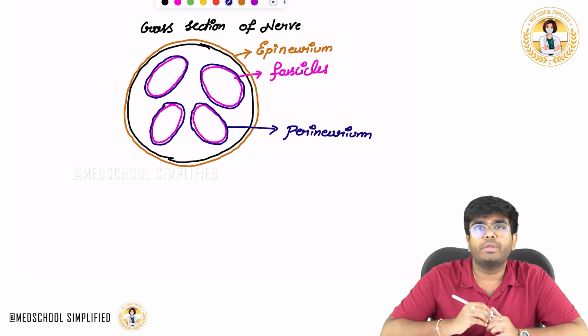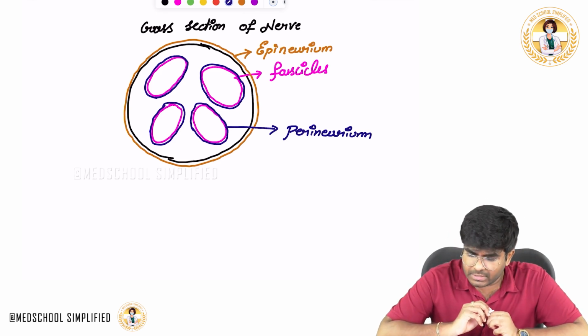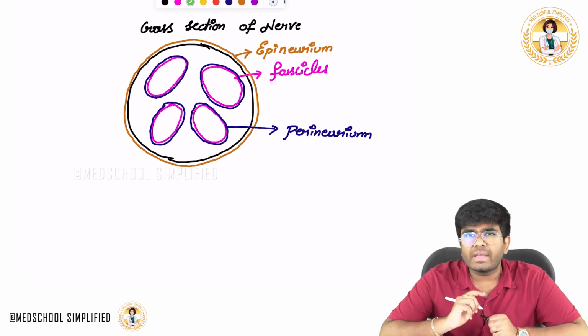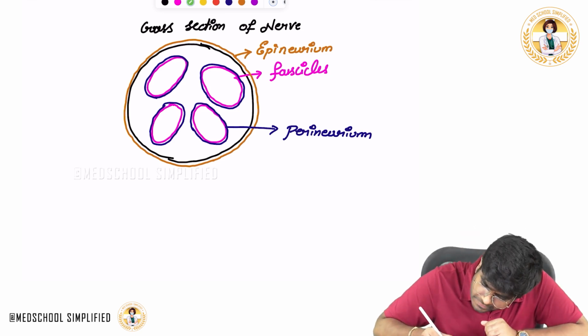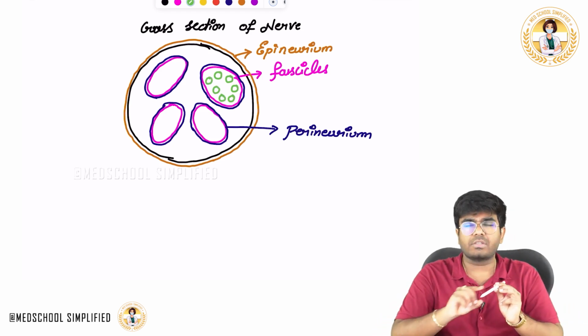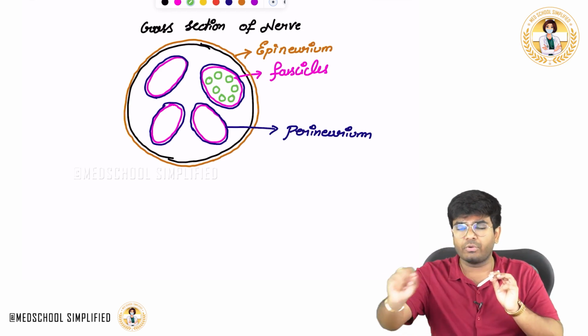Next, what exactly are these fascicles made up of? Inside these fascicles, you have the neurons. These are the axons of the neurons, the cut portions of the axons of the neurons. Axons are going like this. A single neuron is going to have an axon.